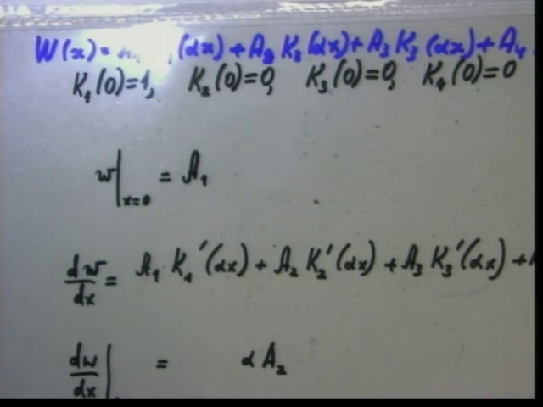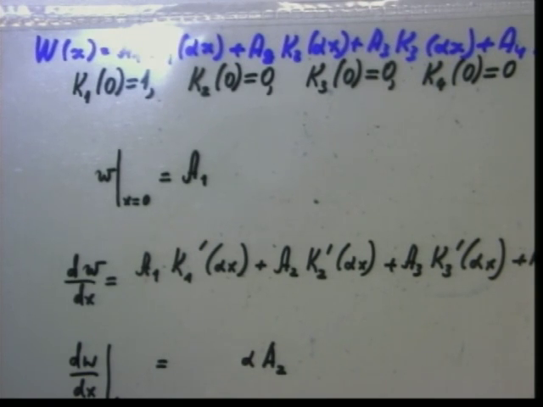That k1 at 0 equals 1, but the rest equal 0. Because when I will be satisfying boundary conditions, just one entity will be staying alive, just the rest will be 0. Just one coefficient associated with k1. Whatever k1 is multiplied with, that will stay. The rest will be gone.